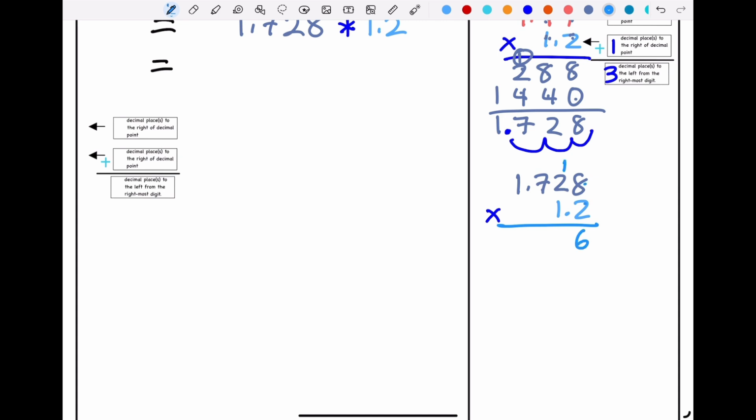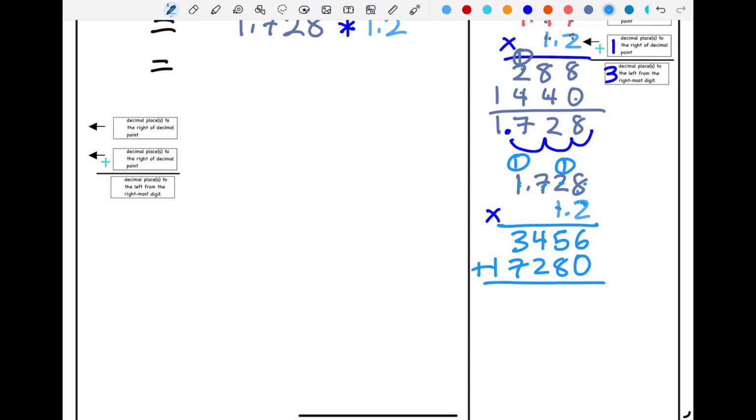Carry the 1. 2 times 2 equals 4, plus the 1 we carried is 5. 2 times 7 equals 14. Carry the 1. 2 times 1 equals 2, plus the 1 we carried is 3. We bring down a 0. 1 times 8 equals 8. 1 times 2 equals 2. 1 times 7 equals 7. And 1 times 1 equals 1.